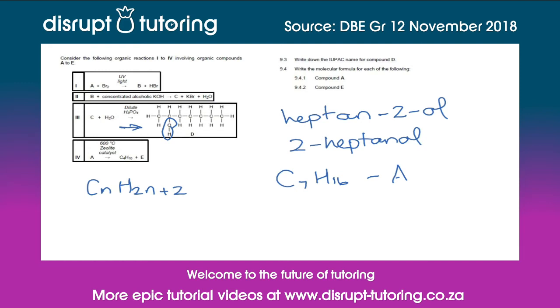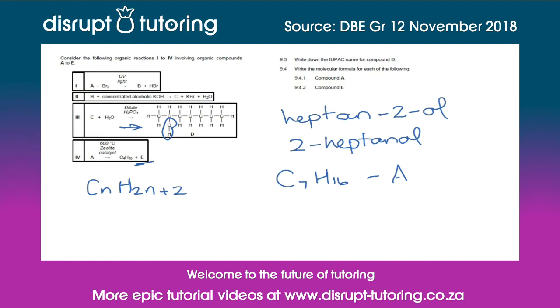And then let's look at reaction 4, the reaction involving substance E. Compound A decomposes into C4H10, which is also an alkane, along with compound E when subjected to high temperatures in the presence of a catalyst.